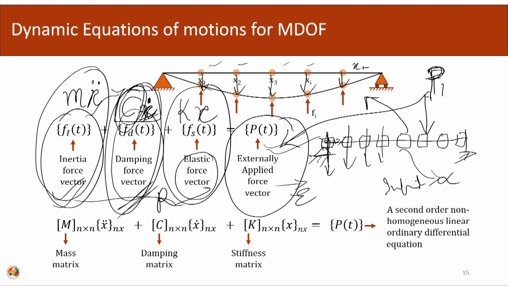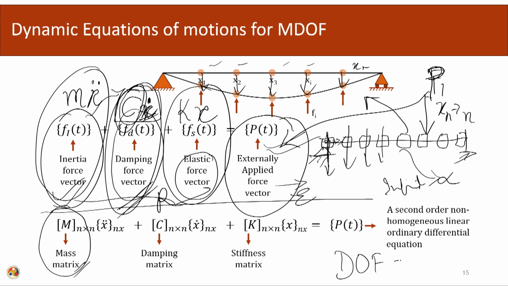Here, if you look into the matrix form, the mass matrix will be an n cross n matrix. If you are choosing n degrees of freedom, then my mass matrix will be n cross n. There will be terms till x n.